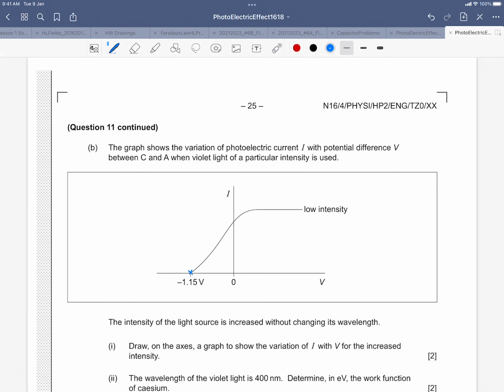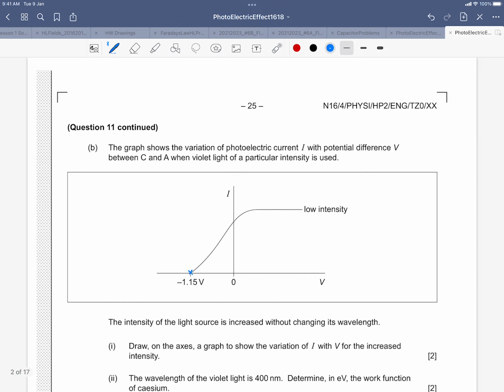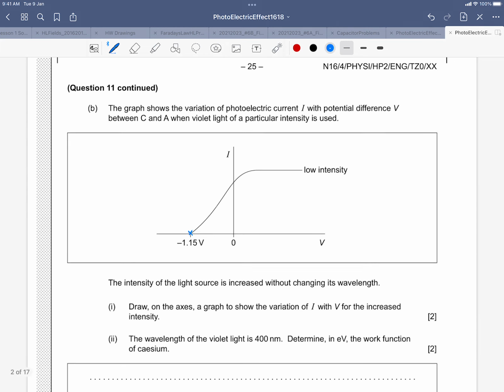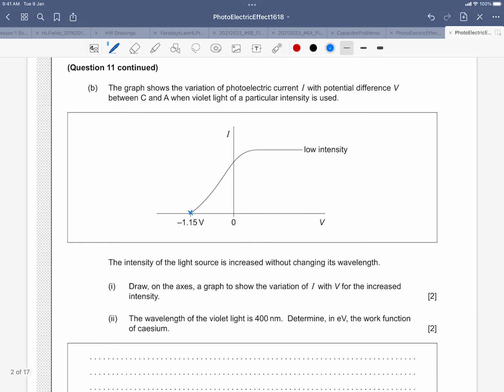And of course, if we make the voltage positive, then we suck all the electrons over onto A, so we get the maximum saturation current. And we are now increasing the intensity without changing its wavelength. If we're not changing the wavelength, we're not changing the frequency, which means we're not changing the energy of the photons.